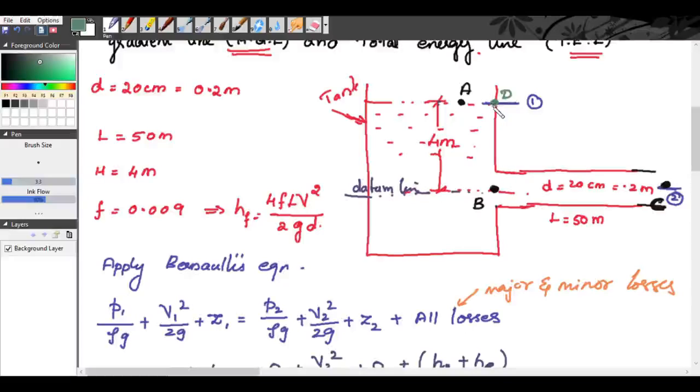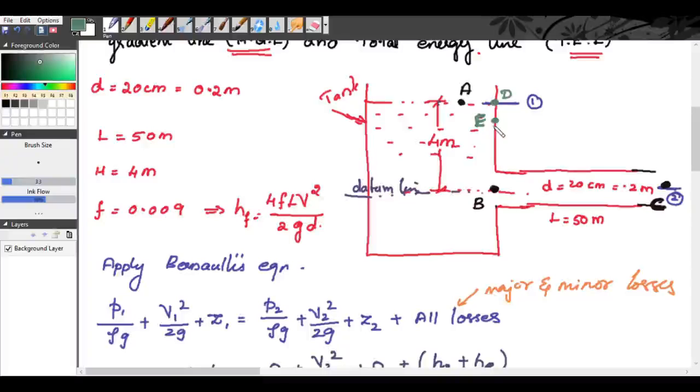Now, we will mark some point E here. So, this point E represents the total energy at inlet of the pipe. That is 3.81.